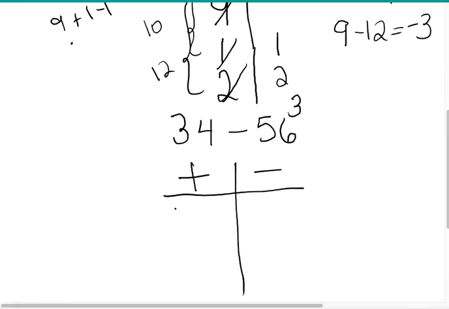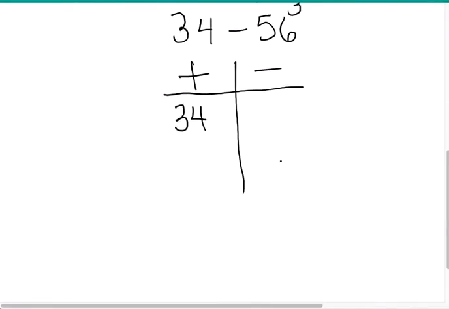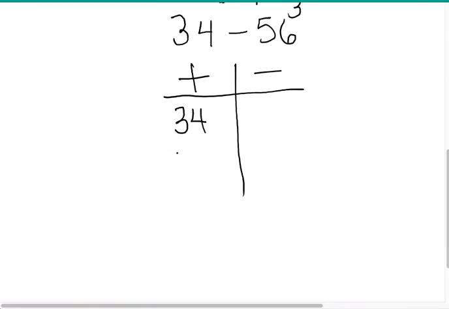So I have 34 positives, and I need to take away 56. Just like we do with the number line, students can find comfortable numbers that they like to work with to get them to 56. So my natural thing would be to try to get myself to 40 first.